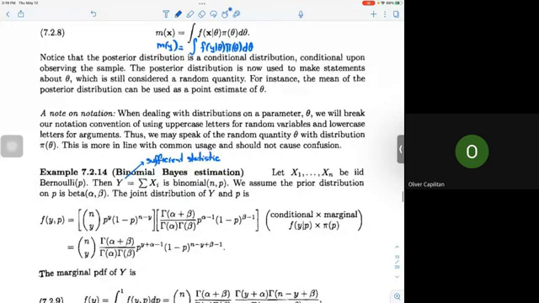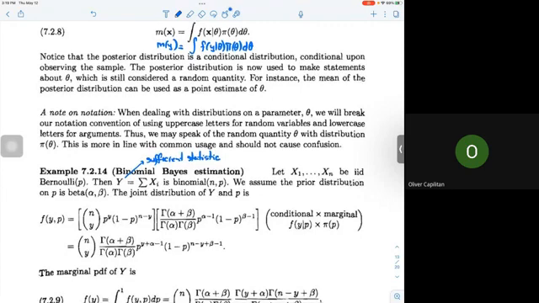So we assume our prior distribution on p having a beta distribution with parameters alpha, beta. So if we're going to determine the joint distribution of our sufficient statistic Y and p, so we have here.